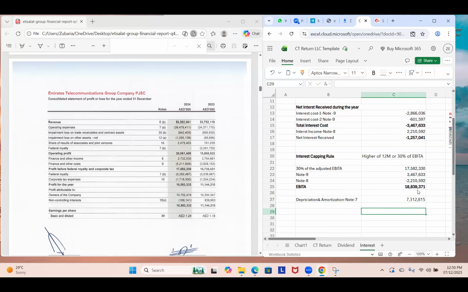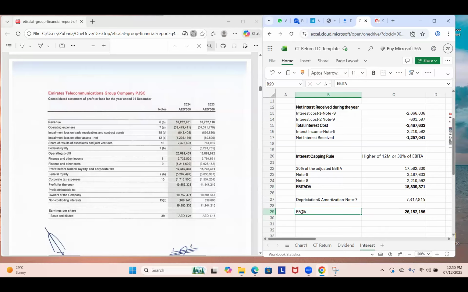Okay, so I'll add back this plus this. Now this is earnings before interest and tax. Actually, we should add depreciation first and then interest.